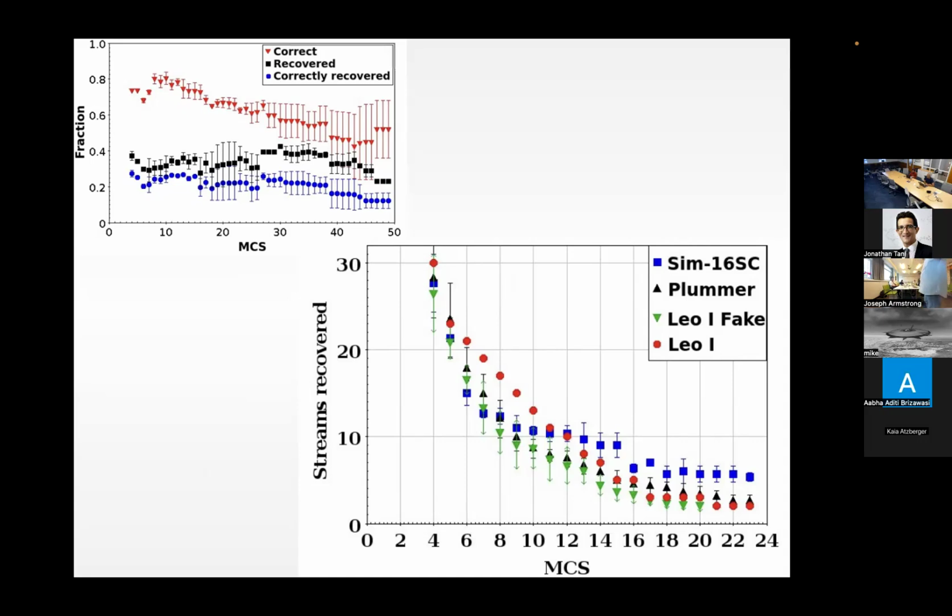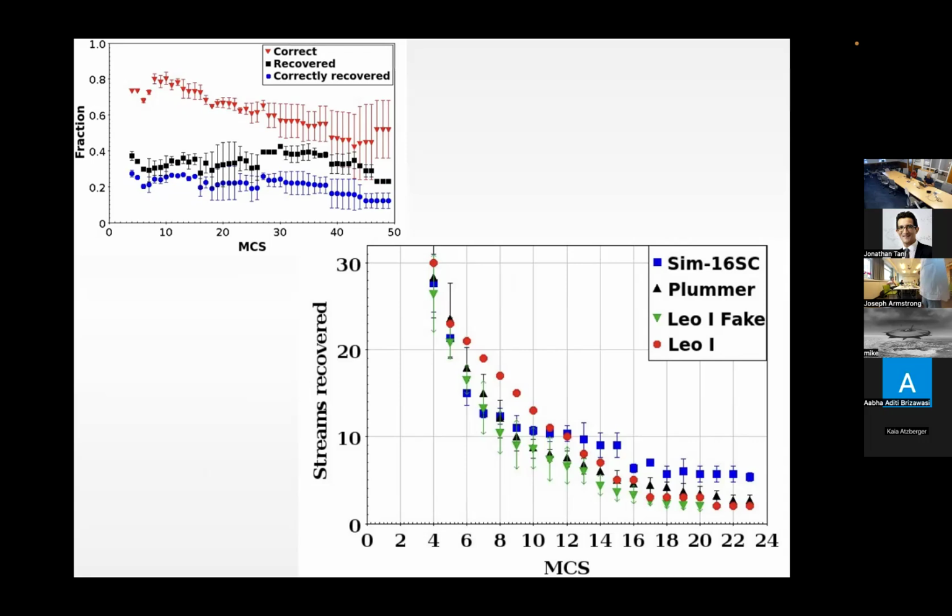And what we see is that these fake, not real streams have a dependency on MCS, the minimum number of stars we require to build a stream, which is an exponential decrease.